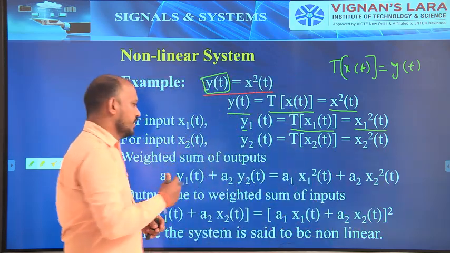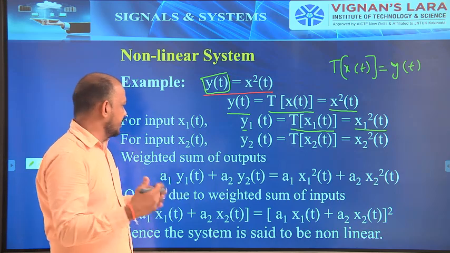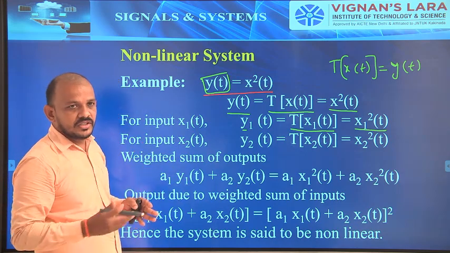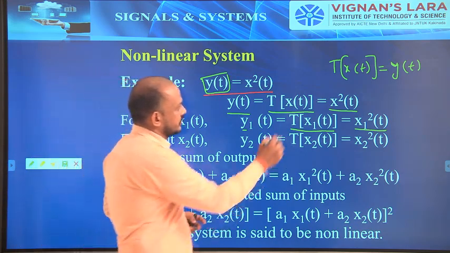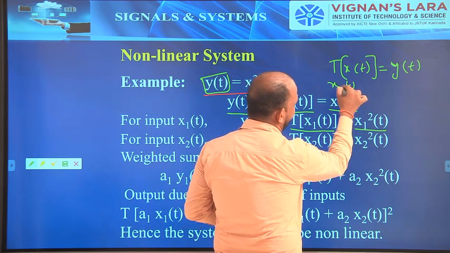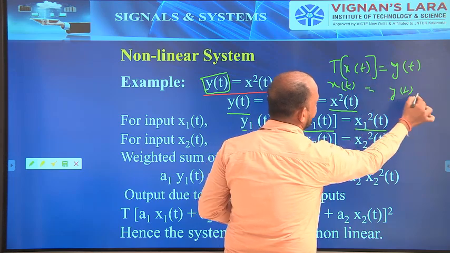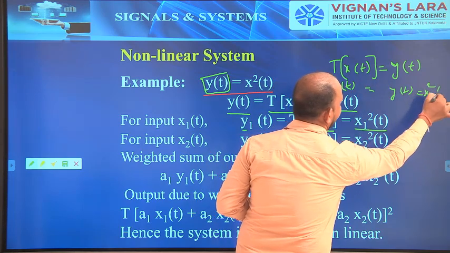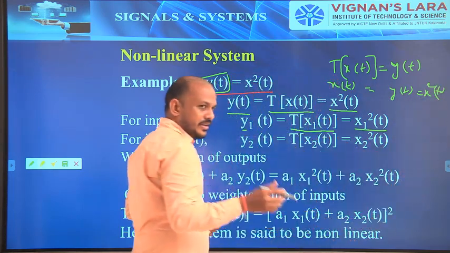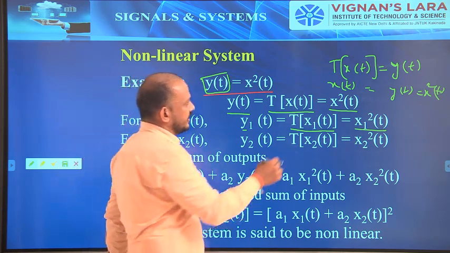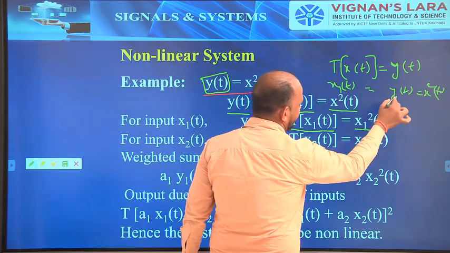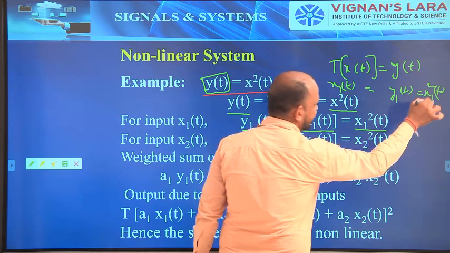In the same way, if I change the input to x2 of t, I know the system. The system input is x of t, and for that I get an output y of t, which is a transformed version whose value is given as x square of t. So in the first case I have taken x1 of t, the output is y1 of t, and the equation is x1 square of t.